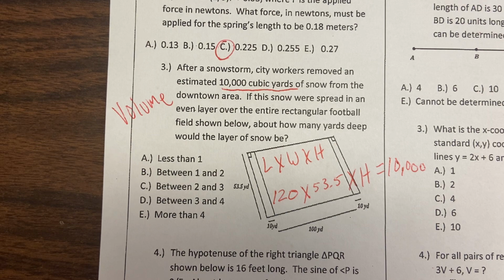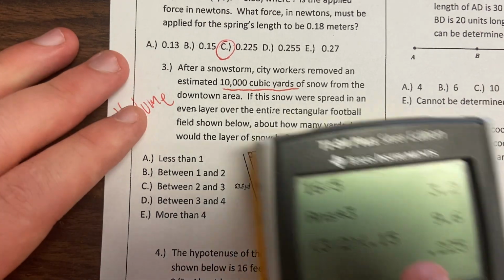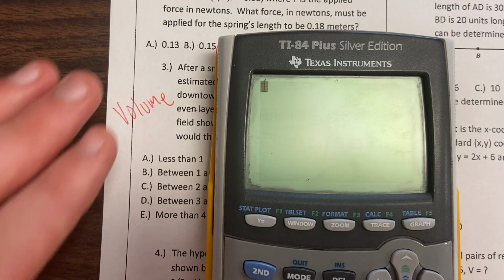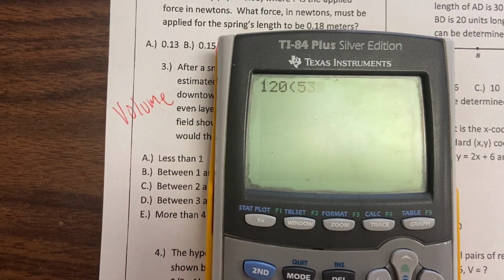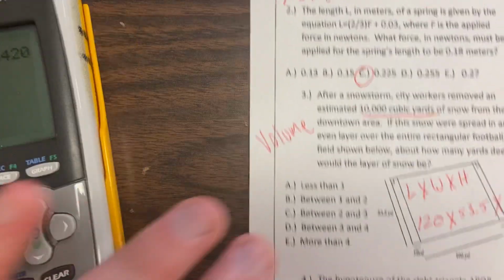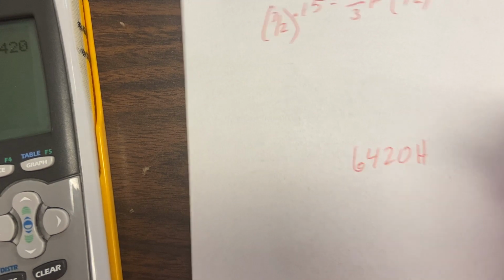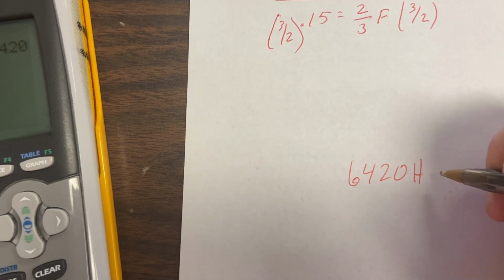And we've got an equation here. We've got a variable we need to solve. So 120 times 53.5 gives us 6420. So there's really not enough room. 6420 h, right? We need that height, that depth, is equal to the 10,000.